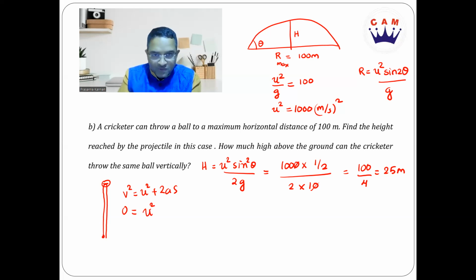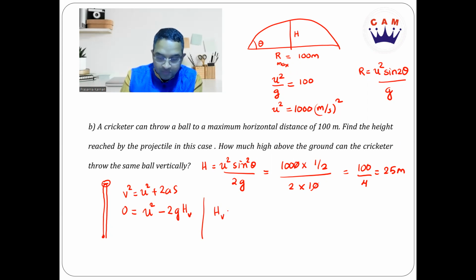Initial velocity is U, and acceleration is nothing but the acceleration due to gravity, which is against the velocity as it is going up. And the displacement, which is the maximum height, is h. Let me call it a vertical projection, so I'm just marking it as HV. So what is your HV equal to? U square by 2g, correct?